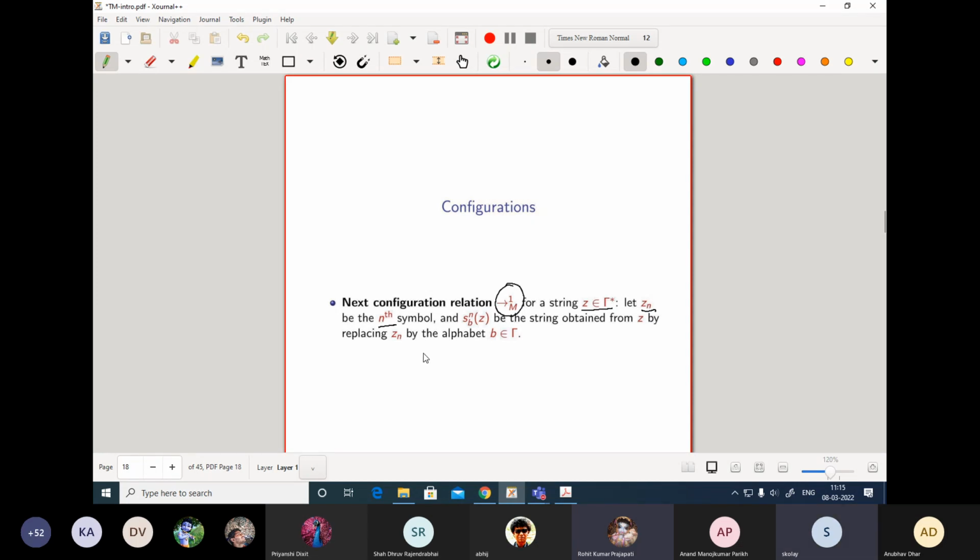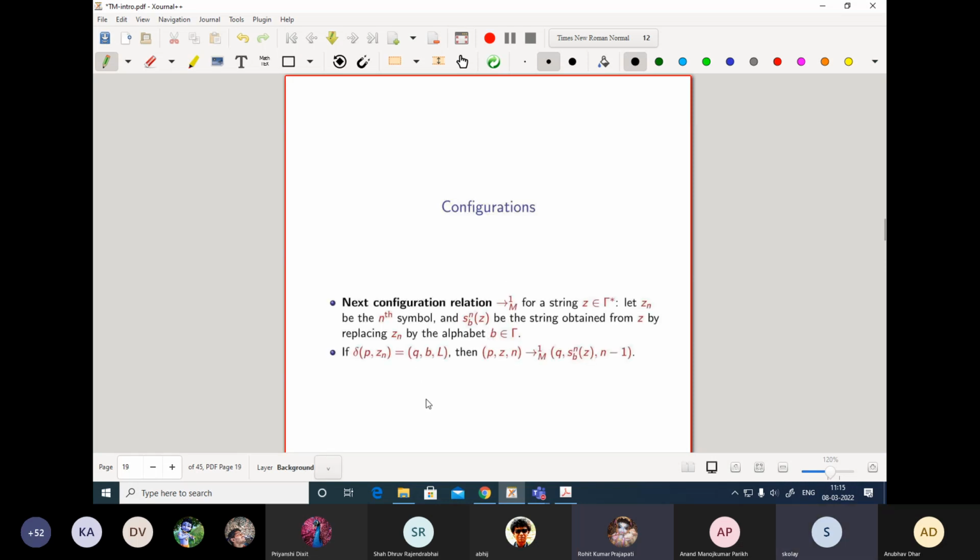And I'm going to denote by S_n^B(Z) the string that is basically Z, except that Zn has been replaced by the alphabet B. At the nth position, whatever there was, I am replacing the nth element in Z by B. So if Zn was the nth symbol, I'm just forgetting Zn, replacing it by B, and the new string that I obtained from Z is S_n^B(Z).